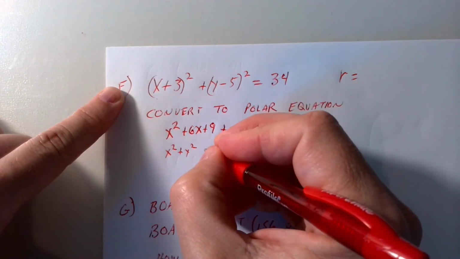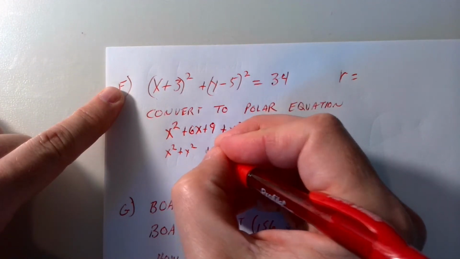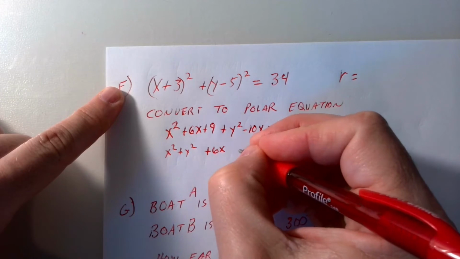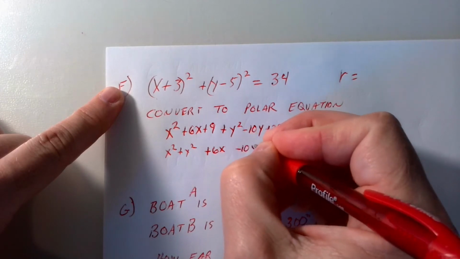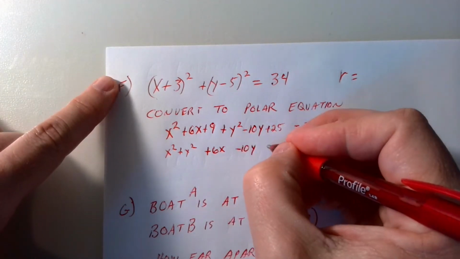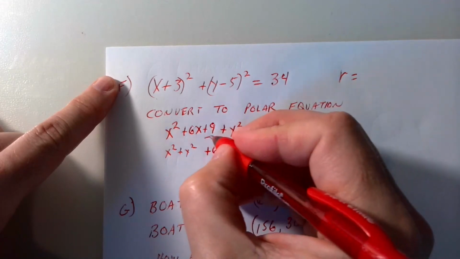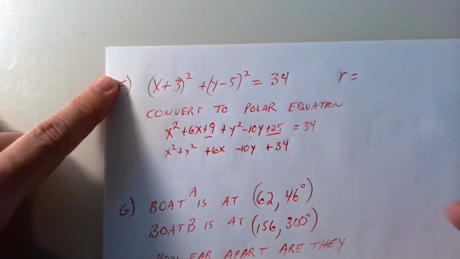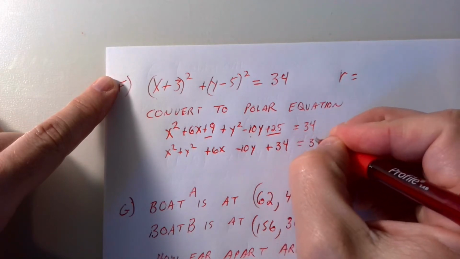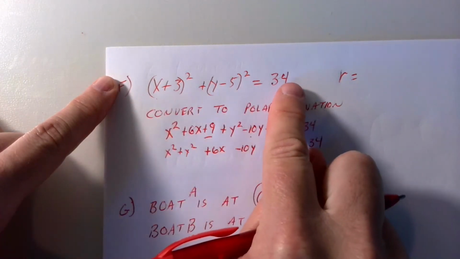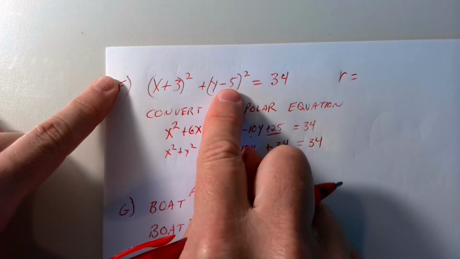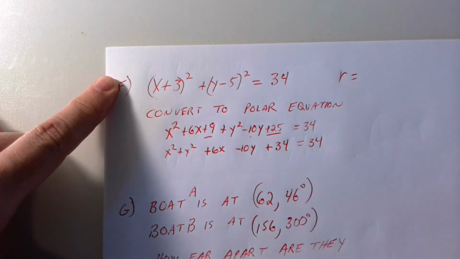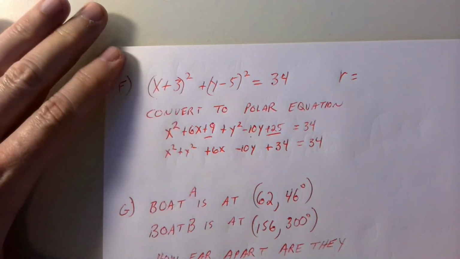I'm going to group my linear terms, plus 6x minus 10y, and then group my constants, 25 and 9 is 34. And yes, for those of you who are wondering, I did set this up so that this part and this part, when squared, would equal this part. It just makes it easier for us for what we're doing.